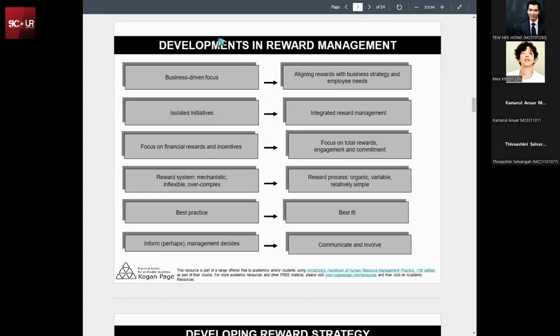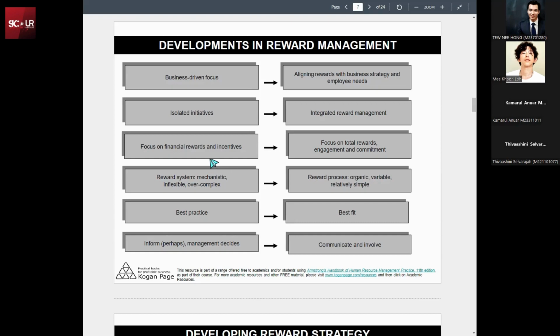We must change from only using the best practice on each and every one. If you want to copy and paste, this is the method that we already use in the industry right now. We just focus more on business-driven. What is important to the company only? Maybe isolated incentives, depending on the department.